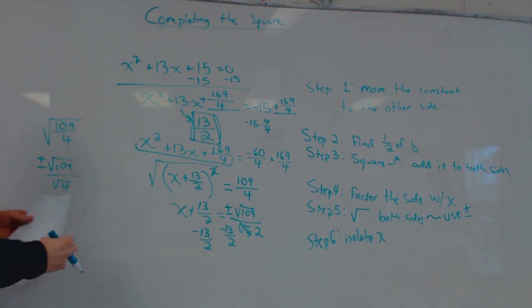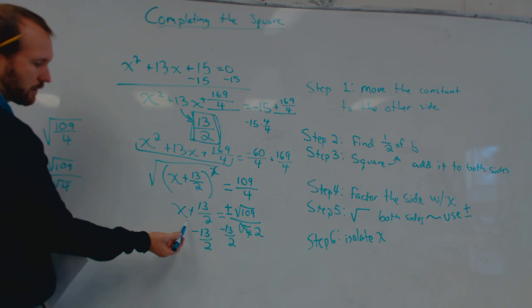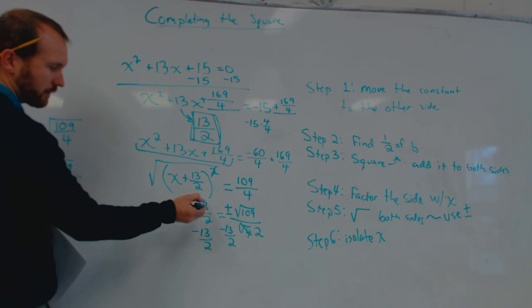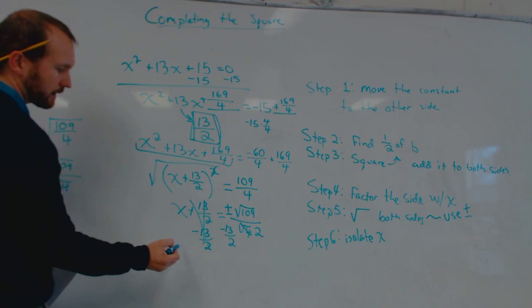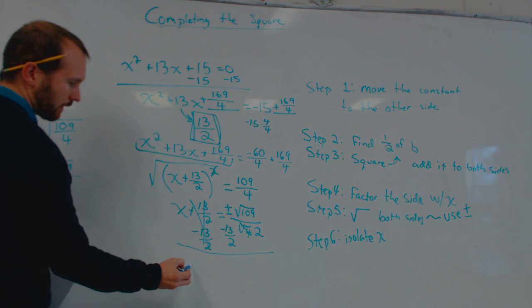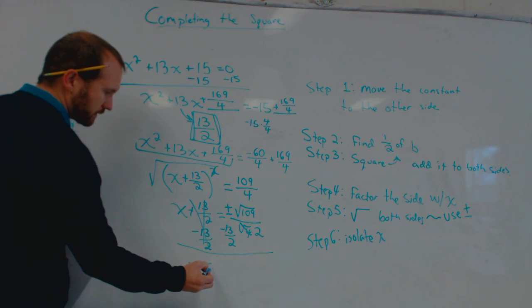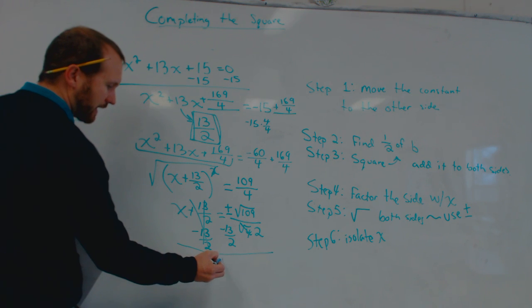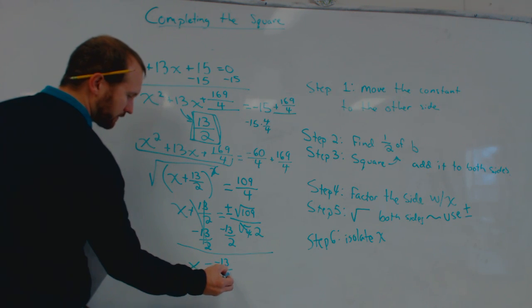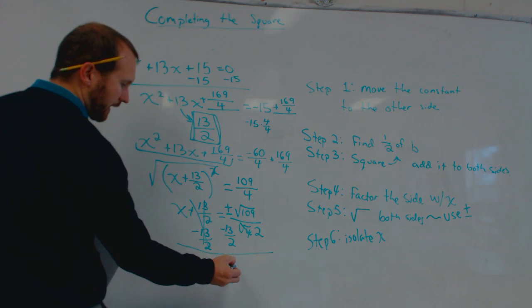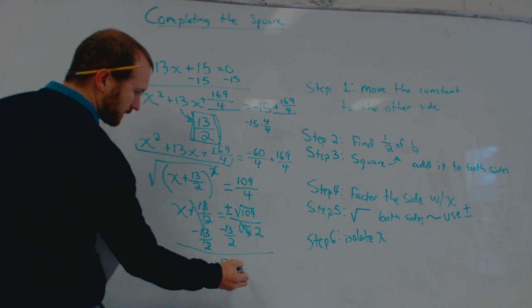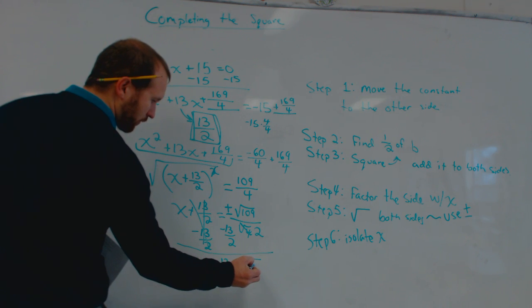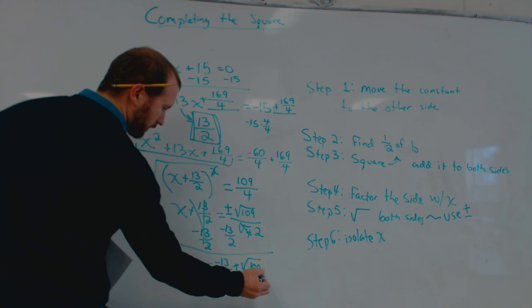Well, I have x plus 13 halves, so I want to subtract the 13 halves to get rid of it. I'm trying to isolate x. So I've got x equals, I'm going to write this first, negative 13 halves, and then plus or minus the square root of 109 over 2.